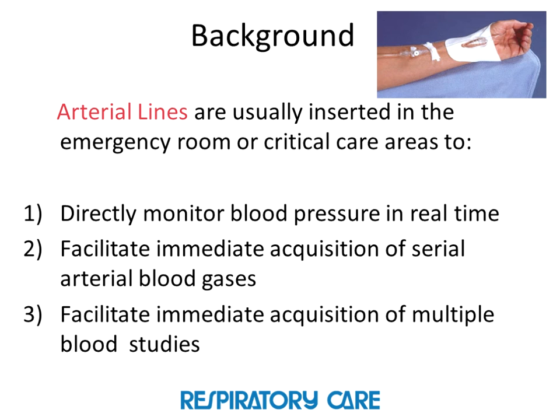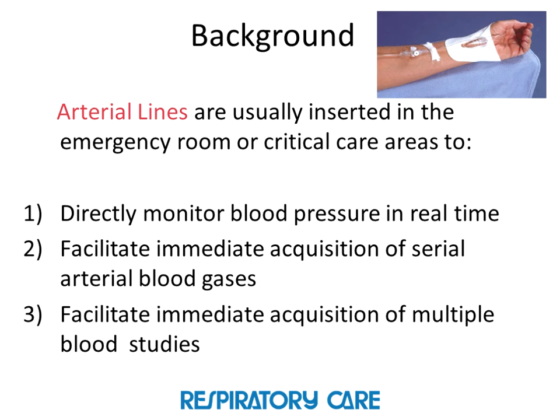This article, again, titled Analysis of Radial Artery Catheter Placement by Respiratory Therapists Using Ultrasound Guidance. A little background on the arterial lines, which many of you are aware. Arterial lines are typically inserted in the emergency room or critical care areas to, one, directly monitor blood pressure, and it's actually a more accurate measure of blood pressure in real time.